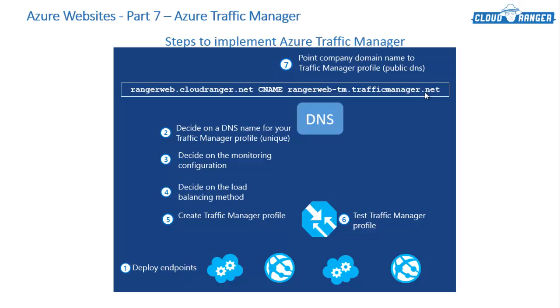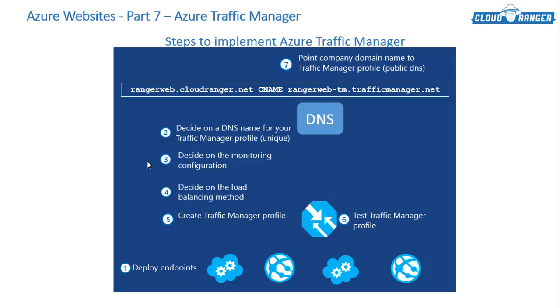This is the same as the Azure websites domain name. So you have to make sure that it's actually unique for anything to happen. So you figure out the DNS name. In my case, I will put in, for example, Ranger Web-TM, and it will attach that to the domain.